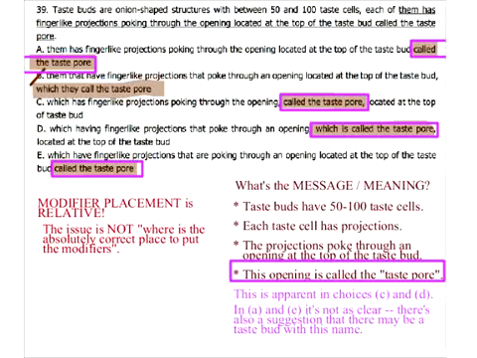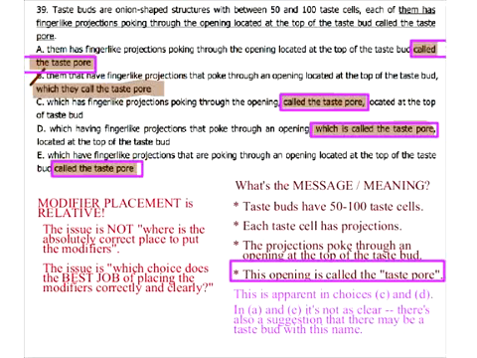Instead, the issue really is which choice does the best job of placing the modifiers correctly and clearly. It's relative. You're just judging the choices against the other choices. You're not judging absolutely here. So in that sense, we can tell that A and E are worse than C and D.